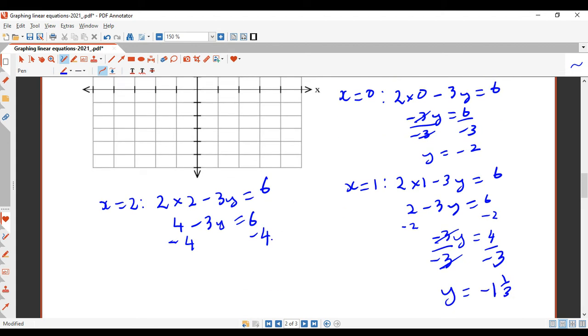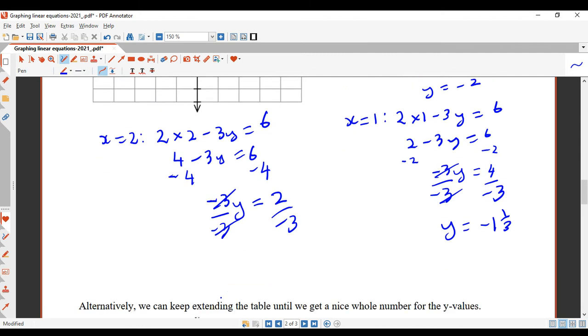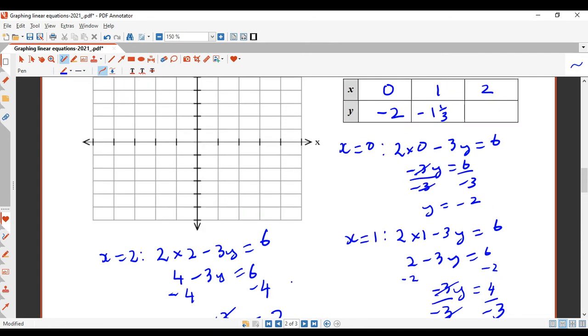It's going to give you negative 3y is equal to 2. And then divide by negative 3. That cancels there. You're going to get y equals 2 over negative 3, or negative 2/3 if you like. Same thing.